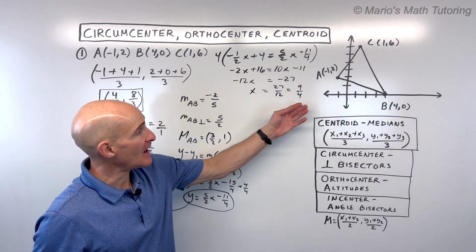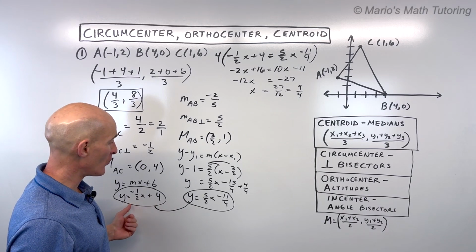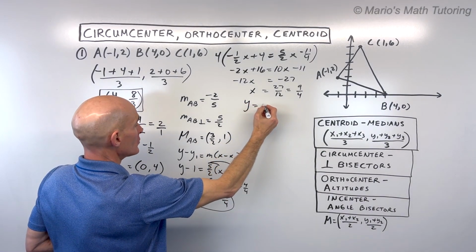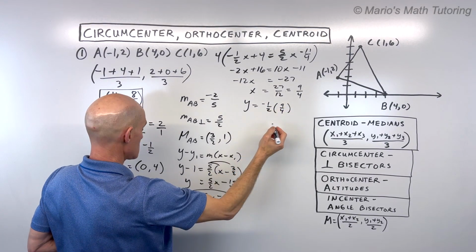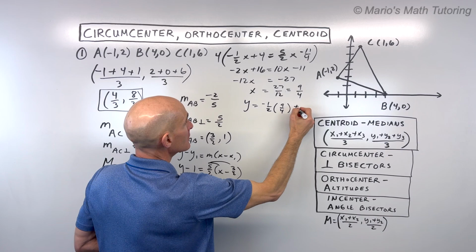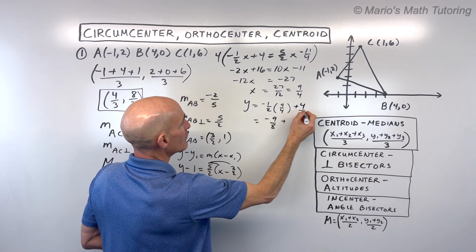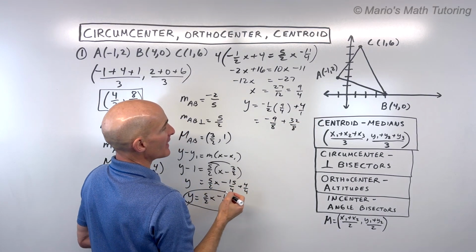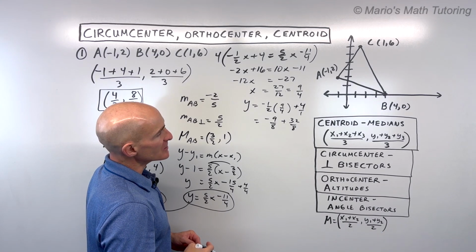Okay, now if we take 9/4 and we put it back in for x either here or here, we can find the y-coordinate. I'll just put it into this one. So it's going to be y equals negative 1/2 times 9/4 plus 4. Okay, so that gives us negative 9/8 plus 32/8, if we get a common denominator, and that comes out to, let's see, 23/8.